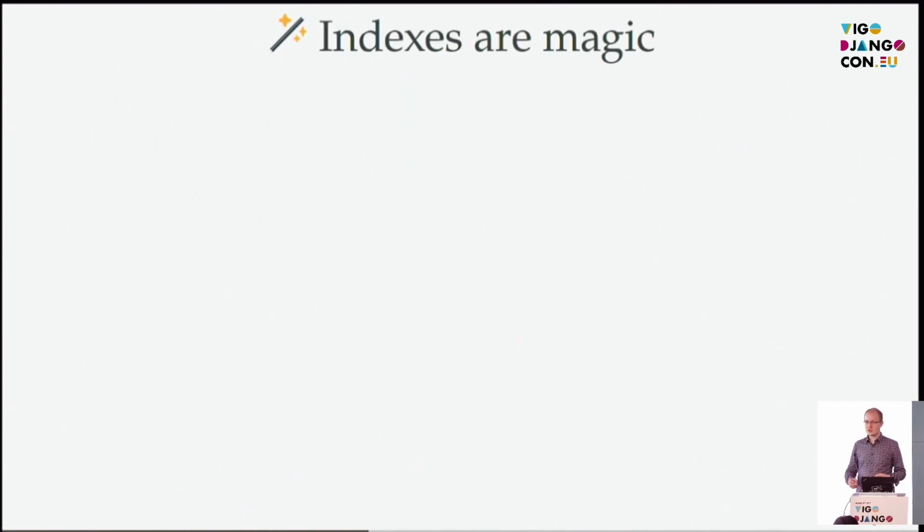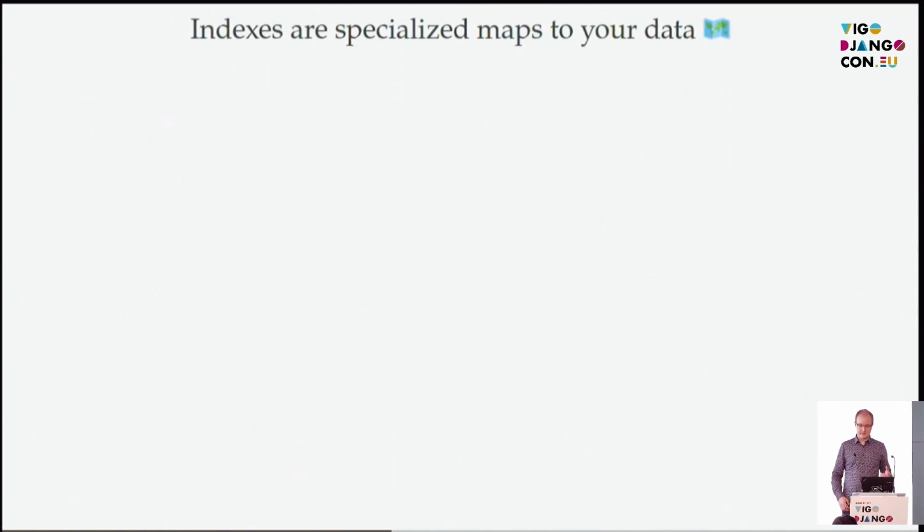Indexes are this magic thing that makes your database go fast. But on closer look, indexes are not that magic. They're actually quite simple to understand. Indexes are basically specialized maps to your data. It's another table that your database manages for you, where it kind of inverses how the data is stored.